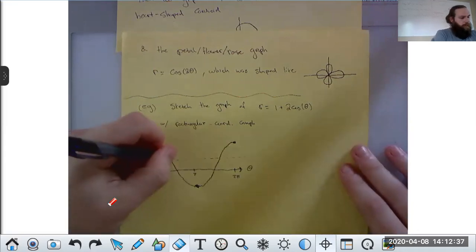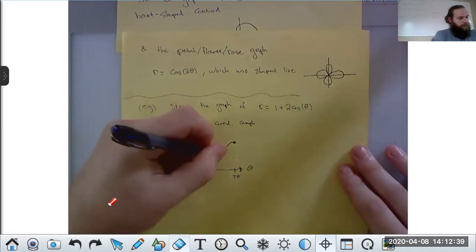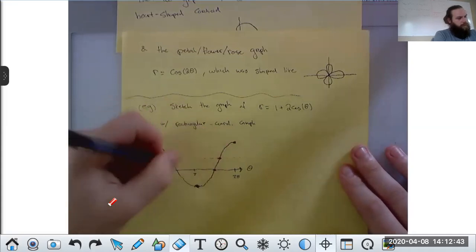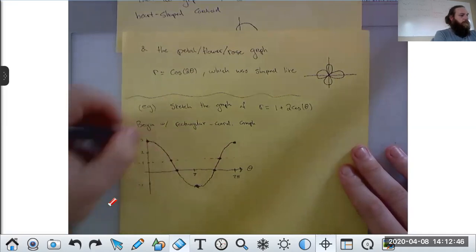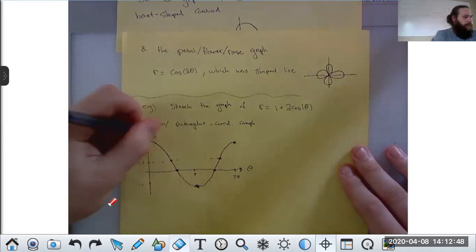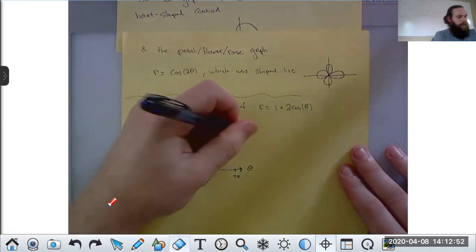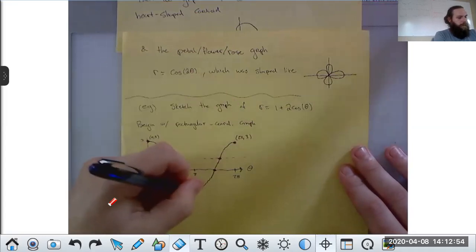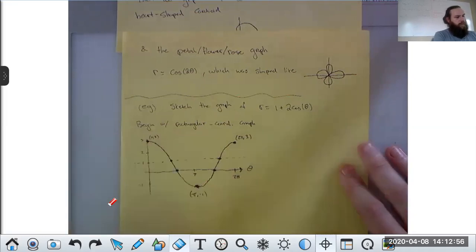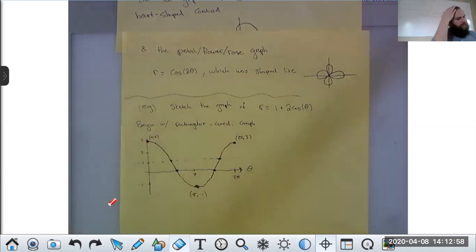So I'll label these equilibrium points. And I'm also going to label these x-intercepts. This is, of course, (0, 3). This is (2 pi, 3). And this is (pi, -1). We'll worry about the x-intercepts in a minute.